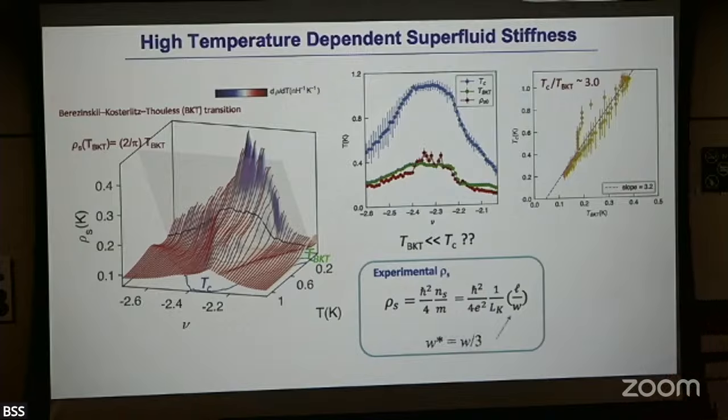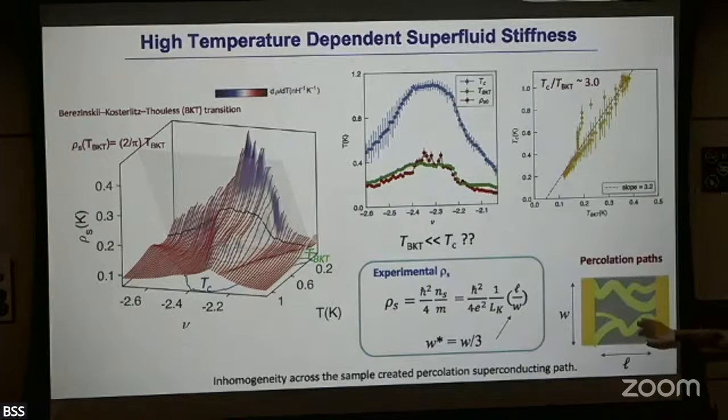Once the superconducting percolation path goes through, I start to measure zero resistance in either the DC or the AC measurement. The percolation path may not occupy the entire sample, and in fact you may have some sort of filamentary structures there.